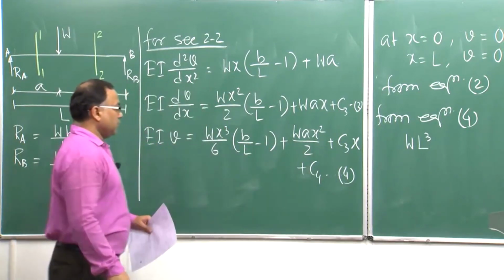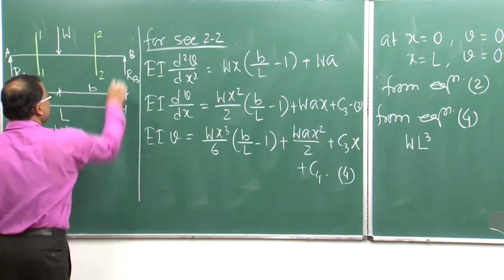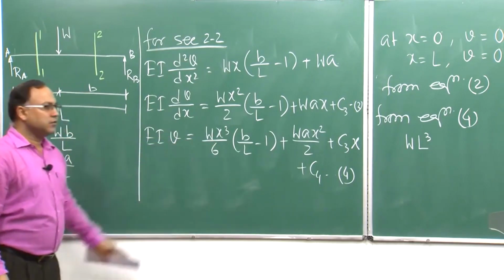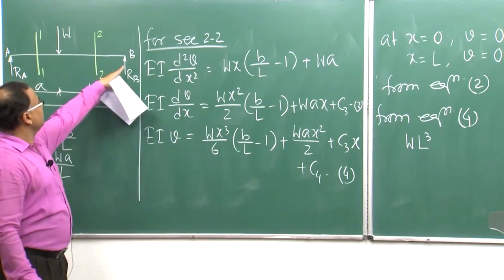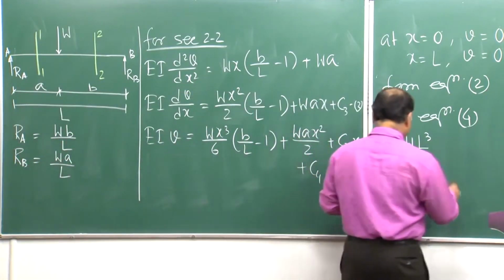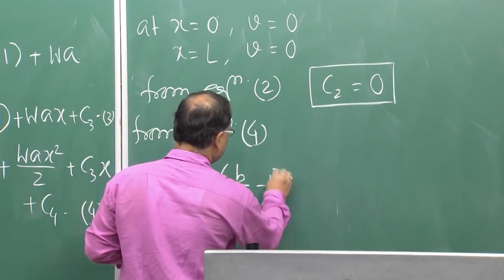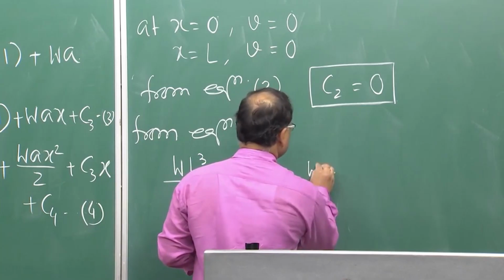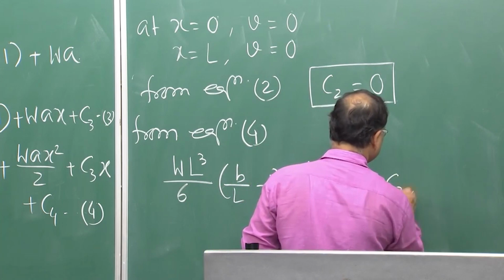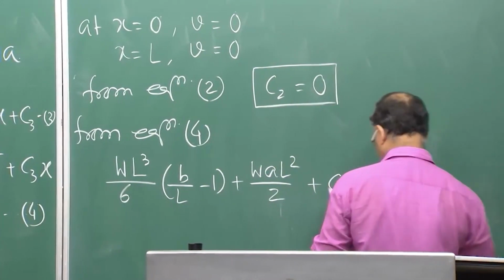This equation will be giving me the deflection from this point to point B. If I put x equal to L here, I will get the deflection at point B, which is nothing but 0. So, I can write W L cube by 6 (B by L minus 1) plus W A L square by 2 plus C3 L plus C4 equal to 0.